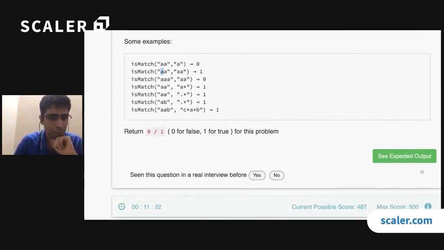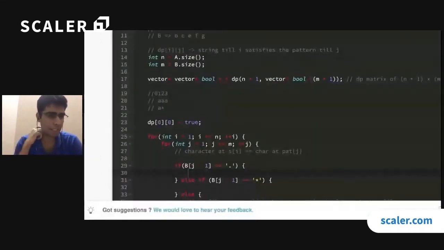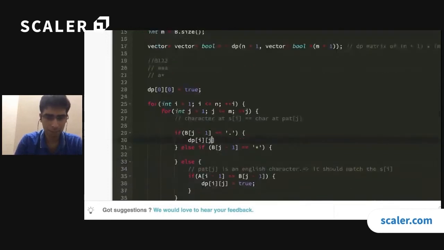Now let us see what we will do if pattern j minus 1 is equal to a full stop. If it is a full stop, then what can I do? A full stop can match with exactly one occurrence of any character. Let us assume that dp i j will be equal to nothing but dp of i minus 1, j minus 1.